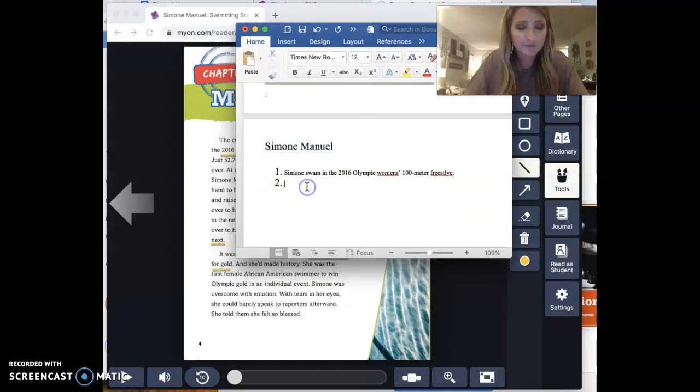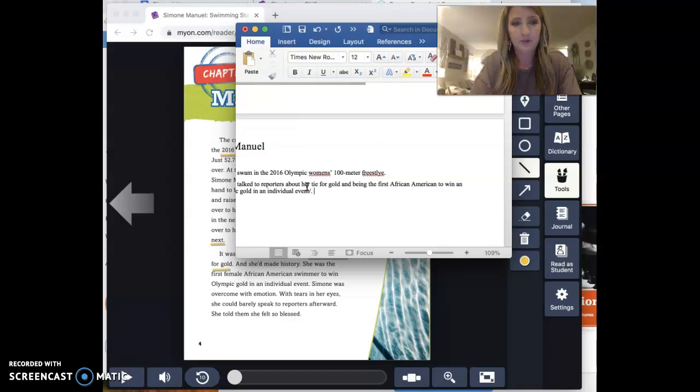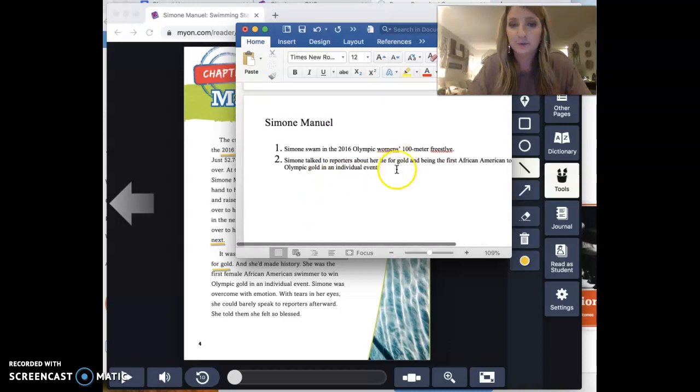So I'm going to say Simone talked to reporters about her tie for gold and being the first African American to win an Olympic gold in an individual event. All right, that is right from the text. I am putting events in order, so there are 2 events from the first page.